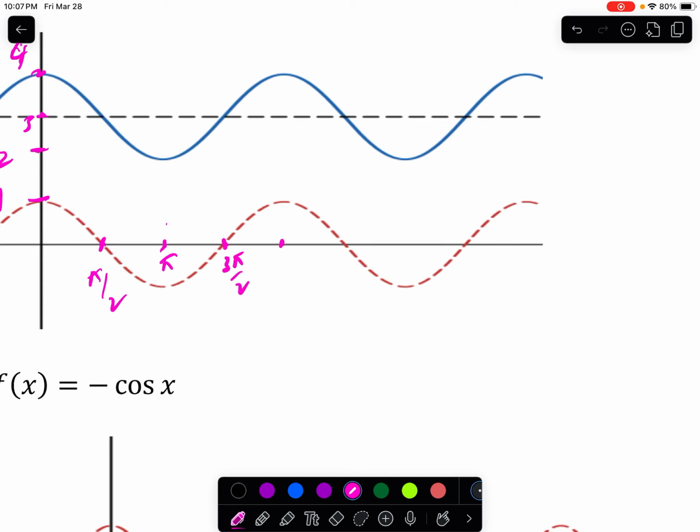This will be 2 pi, and so on. So this will be 5 pi over 2. This value will be 3 pi, and so on. So this will be 7 pi over 2. And then we will have 4 pi.